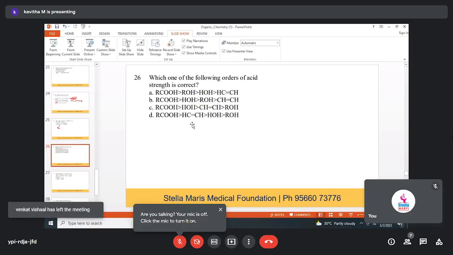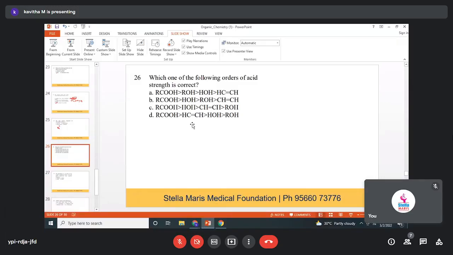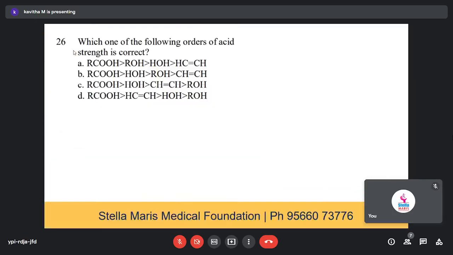So in the case of acetylene, it is 50 percent. Next will be water, and then only you have the alcohol. So here the option is D. The option is D for this.